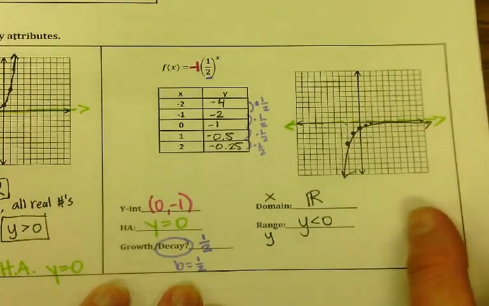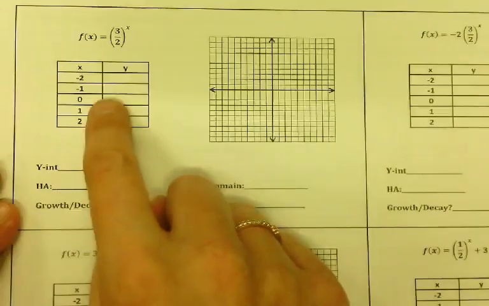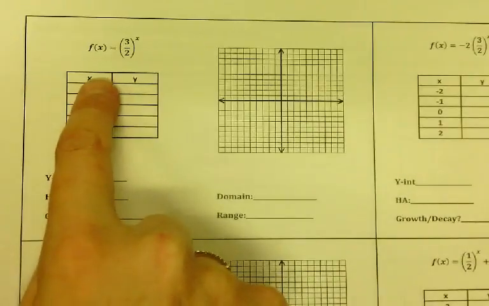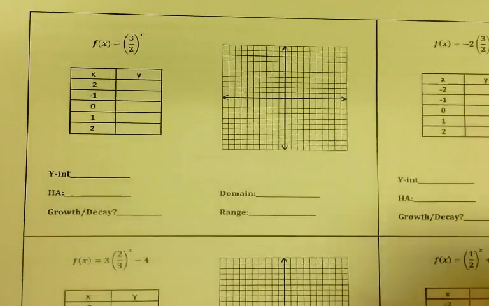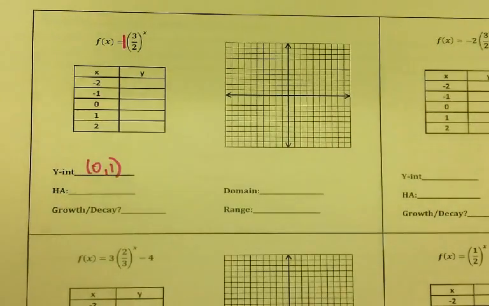All right, we're going to keep on moving along here. We have another page. Let's turn that page. We're going to look at this top left example. So guys, when we look at this one right here, I like this one because my a value, my number in front here, is a 1, which means that my y-intercept would be a 1.